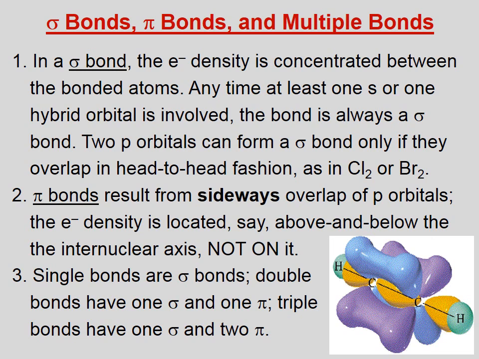Pi bonds result from sideways overlap of p orbitals. The electron density is located, say, above and below the internuclear axis, not on it. And 3. Single bonds are sigma bonds. Double bonds have 1 sigma and 1 pi. Triple bonds have 1 sigma and 2 pi bonds.